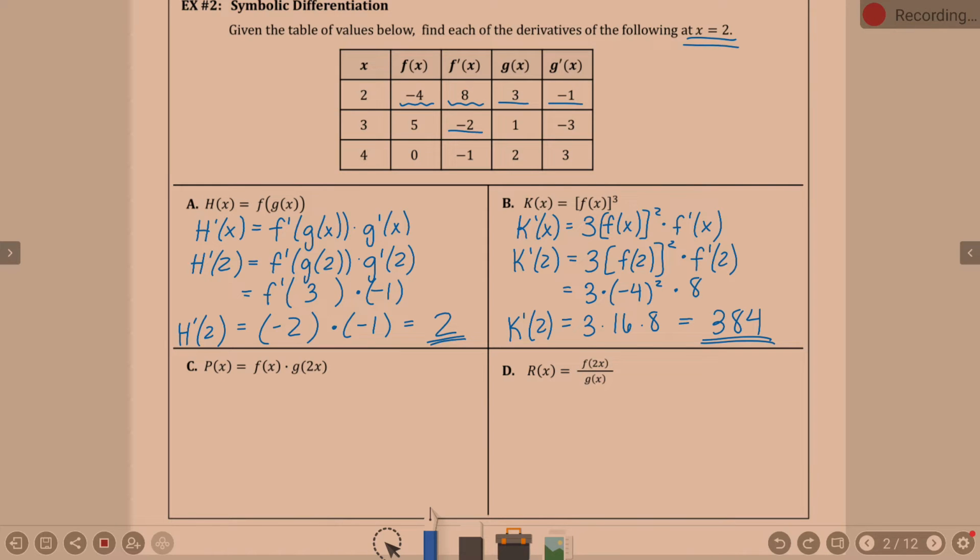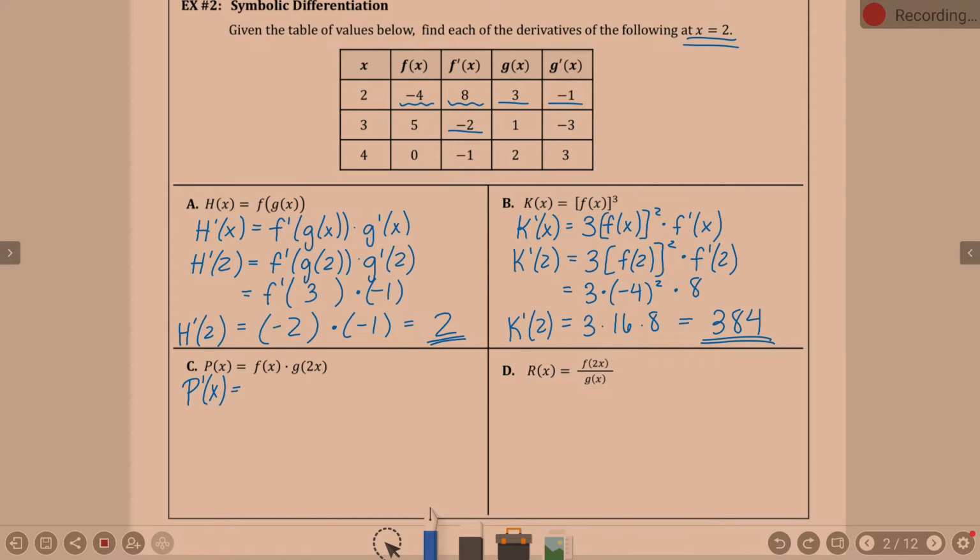Continuing on, C. P of x is f of x times g of 2x. So what are we doing here? Product rule, yes. And realize also within the product rule there's going to be a small bit of chain rule in there.